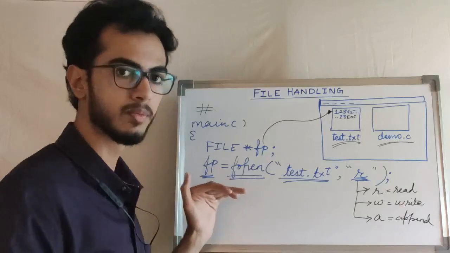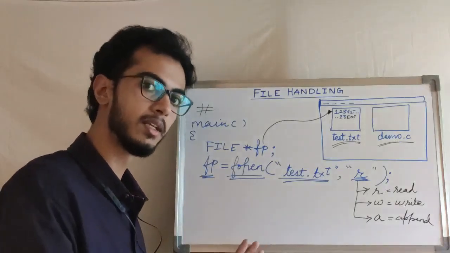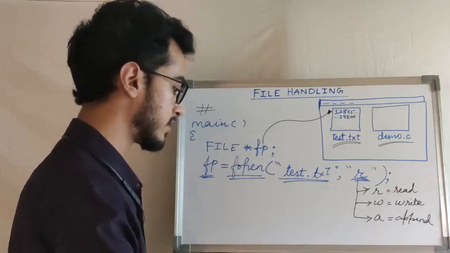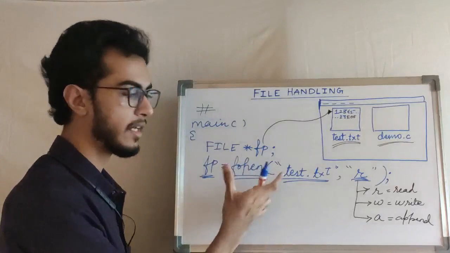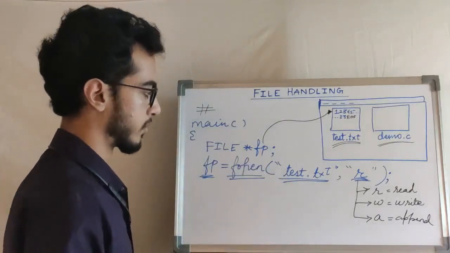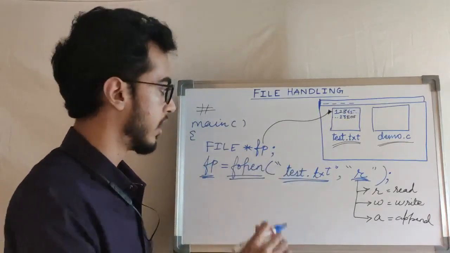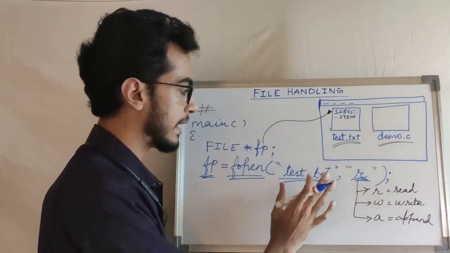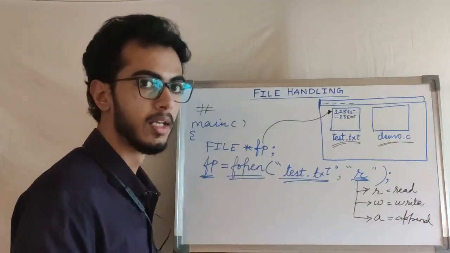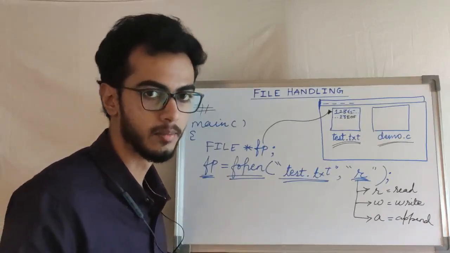From this point onwards, I will remember that fp is nothing but my text file. Once I have opened the file, fopen will return a pointer. If the file does not exist, that is, if test.txt is not present, then fopen will return NULL.